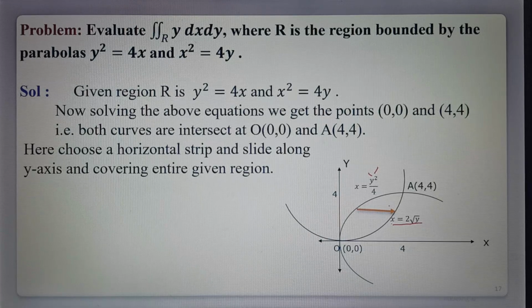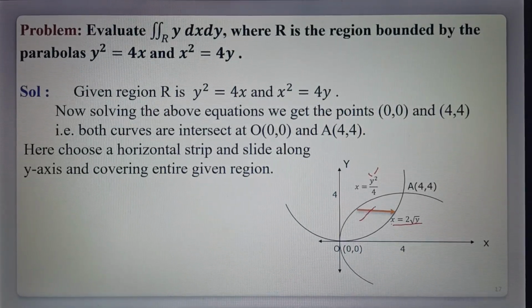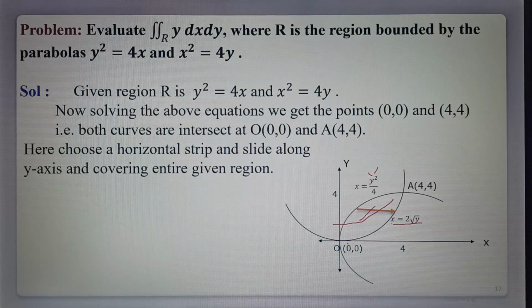So the region is between two curves here, and this lies from y is equal to 0 to 4, because the strip starts at the origin and ends at the point 4, 4. So therefore y limits are 0 to 4. Now x limits go from left to right.